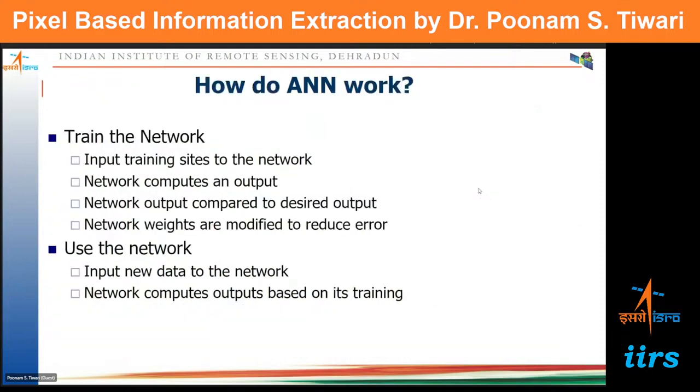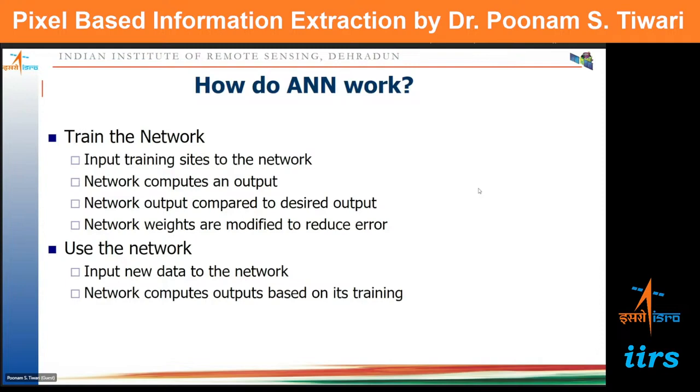So how does the ANN work? First of all, we have to train the network. During the training of the network, the input training sites are provided to the network. The network computes the output, then compares the calculated output with the desired output, and based on the difference, the weights of the connections between different neurons are adjusted so as to reduce the error.